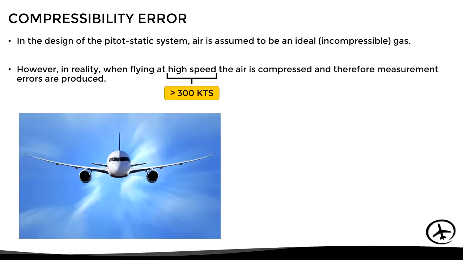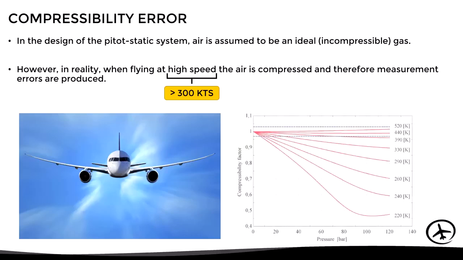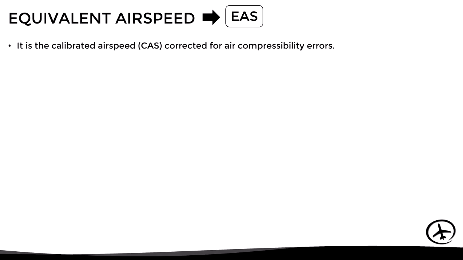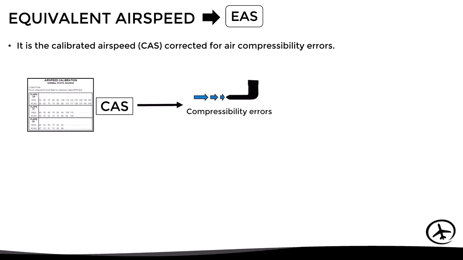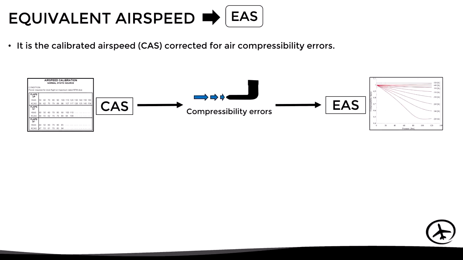But if we fly at high speeds, we must then add a compensation for the air compressibility factor, resulting in the following speed term, the equivalent airspeed. The equivalent airspeed, abbreviated as EAS, is the calibrated airspeed corrected for compressibility errors. So in other words, if we take the calibrated airspeed and we apply the compressibility errors correction, we get the equivalent airspeed.